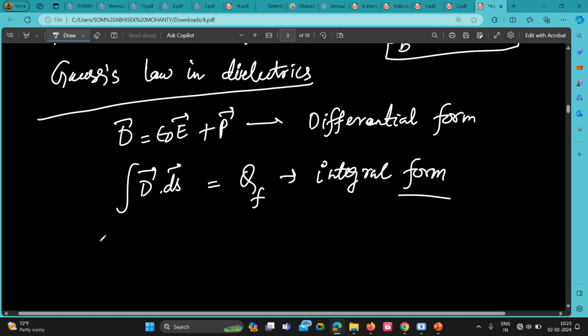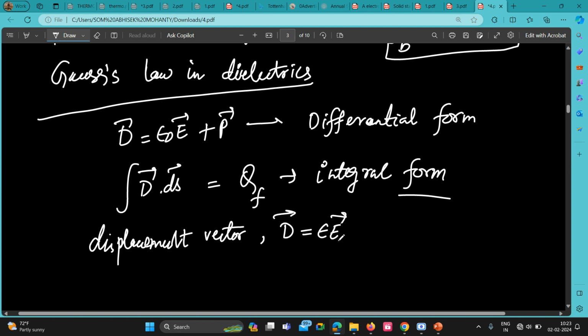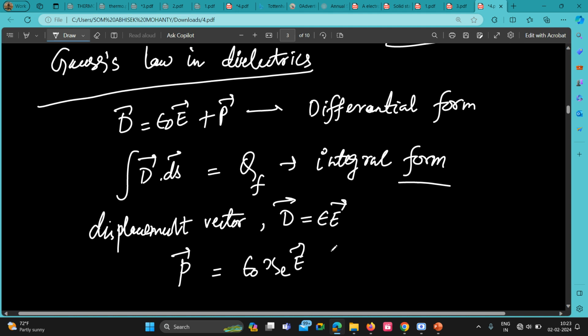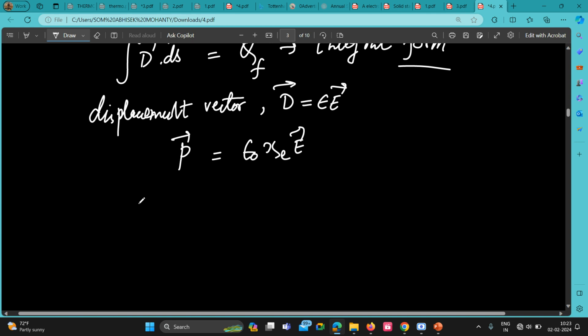Now, displacement vector D is equal to epsilon E. P is equal to epsilon naught chi E, where E is the electric field vector.